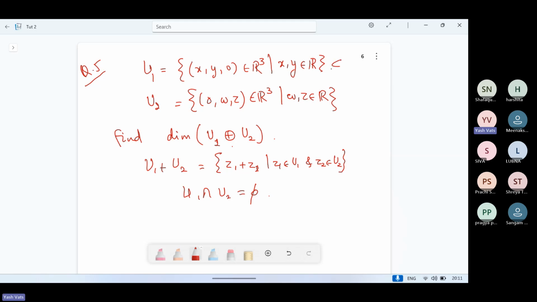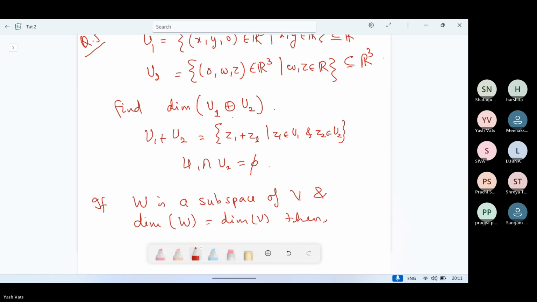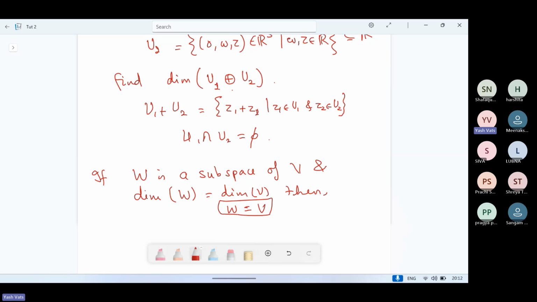U1 is a subset of R3, U2 is a subset of R3. And there is a result which says that if W is a subspace of V, and it holds for finite dimensional cases, if dimension of W is dimension of V, then W is V. That's clear.